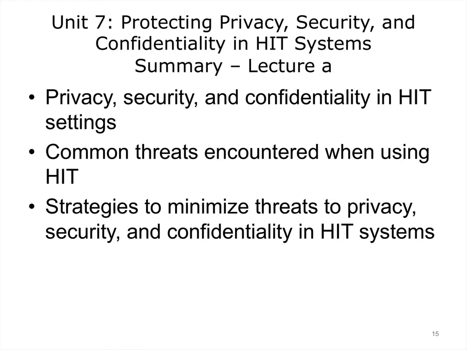This concludes Lecture A of Unit 7, Protecting Privacy, Security, and Confidentiality in HIT Systems. In summary, in this unit we have explored what privacy, security, and confidentiality mean in relation to HIT systems. As we have explored a range of security safeguards that can be employed to protect the confidentiality of health information in HIT systems, we have learned about some of the common threats to data in these systems.